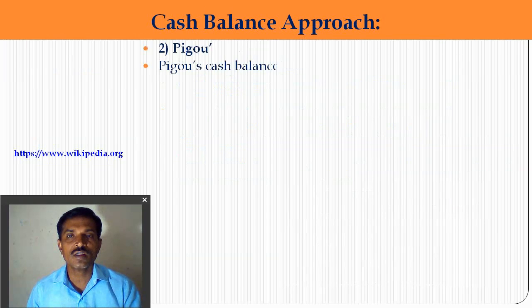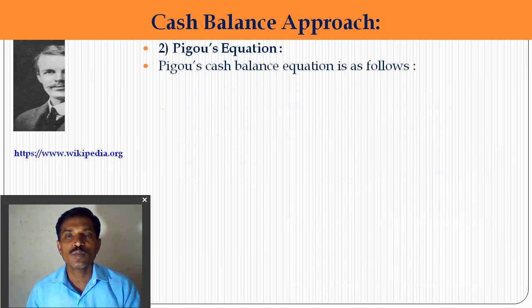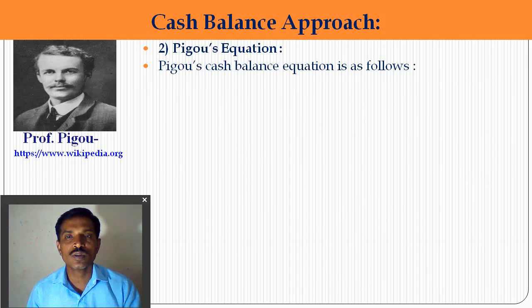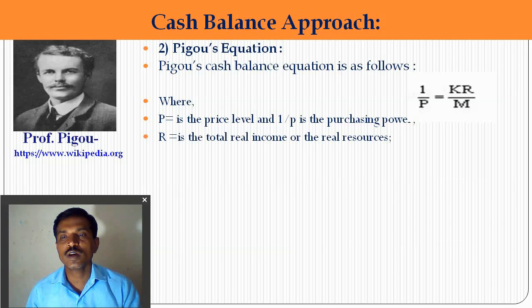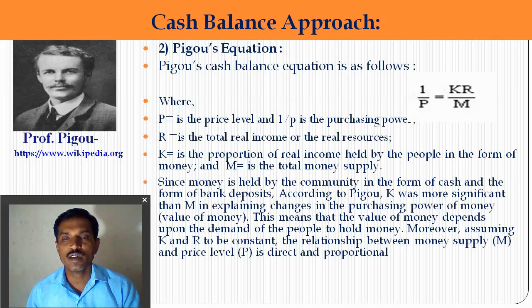Another equation is given by Pigou, the Pigou cash balance equation. He also gave an equation of the form 1/P, meaning the value of money, equal to KR/M. P means the price level, and 1/P is the purchasing power, R is the total real income of the real resources, K is the proportion of real income held by people in the form of money, and M is the total money supply.